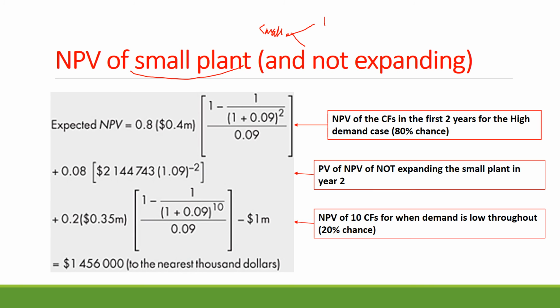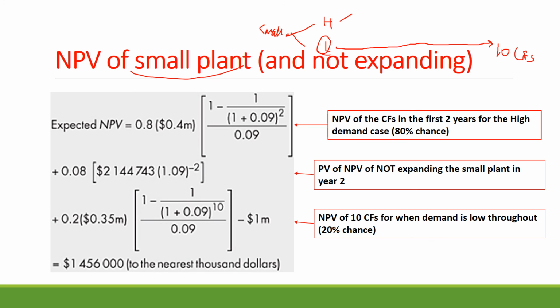If we have a small plant, we once again have high and low. If the demand is low, it will be consistently low from year 1 to year 10, right? So we'll have 10 cash flows for the low demand scenario. And there's only one scenario in this branch.